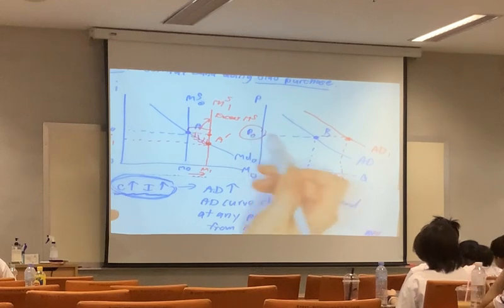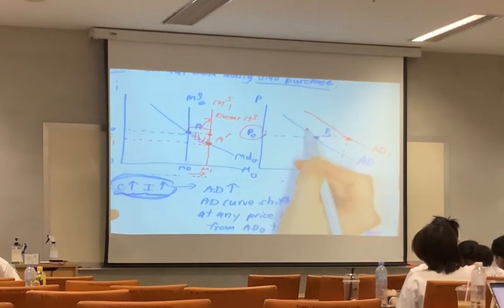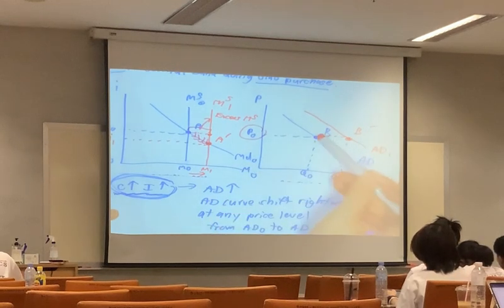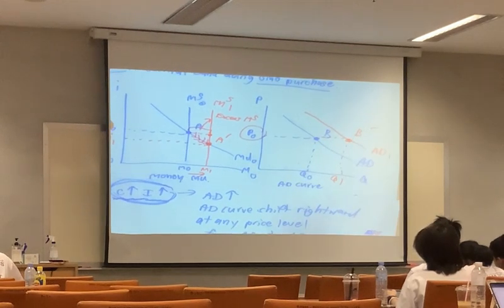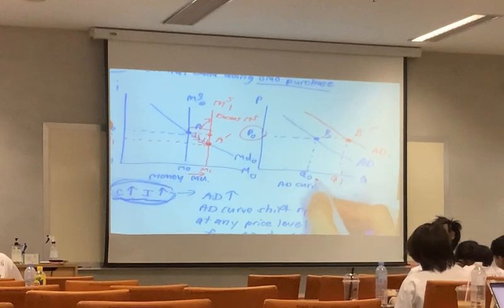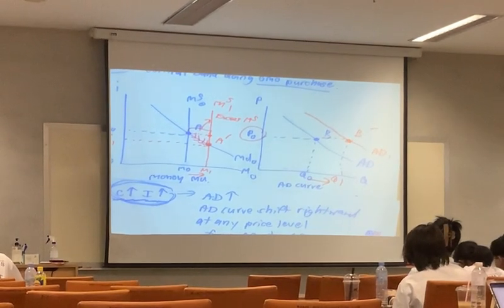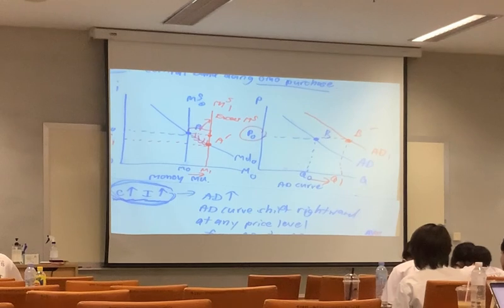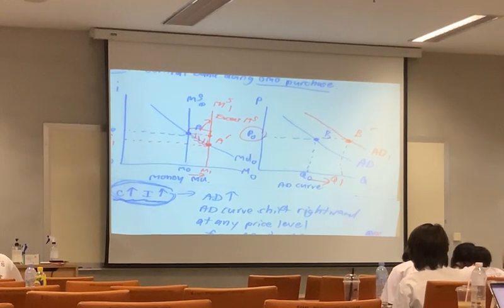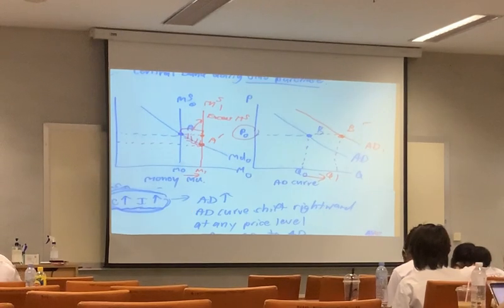So you just keep the price the same in the AD curve, just shift along at any price level. So the equilibrium point will change from B to B prime and the quantity of goods will increase from Q0 to Q1. You don't need to say that price increases because you didn't draw any AS curve to cut, so we don't know whether price increases or anything. So just explain the effects on AD, just only that.